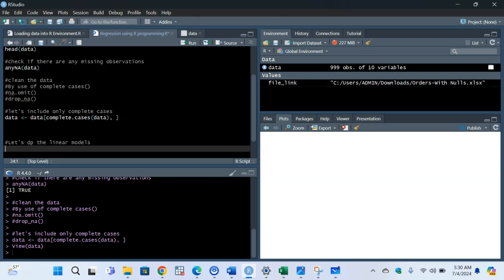Our assumption is that the quantity sold of a product affects positively the amount of profits we make as a company. But that might not be the case according to this company called Nulls. Then also we are assuming that the prices of our products affect the total profit that we make as a company.